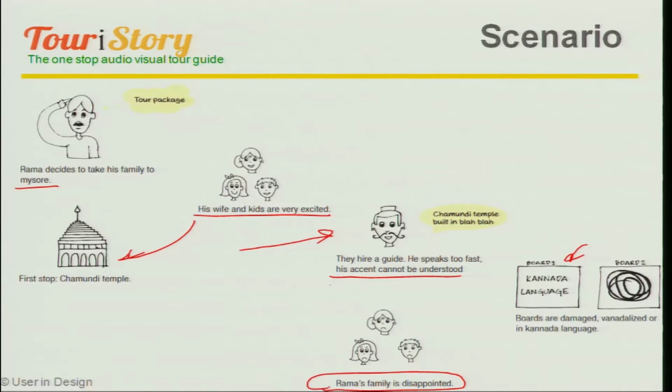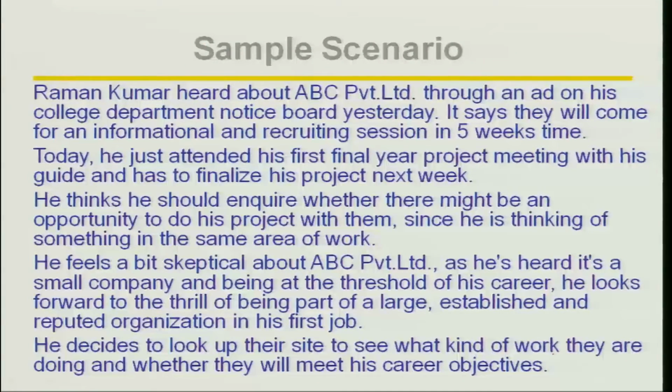Ram's family is disappointed. Okay? They go back very disappointed. So this is a scenario that is showing you what the user's pain points are, and therefore where does your product come in. Okay, a scenario can be explained in this kind of detailed way, while of course the more visual you can be, the better it is.